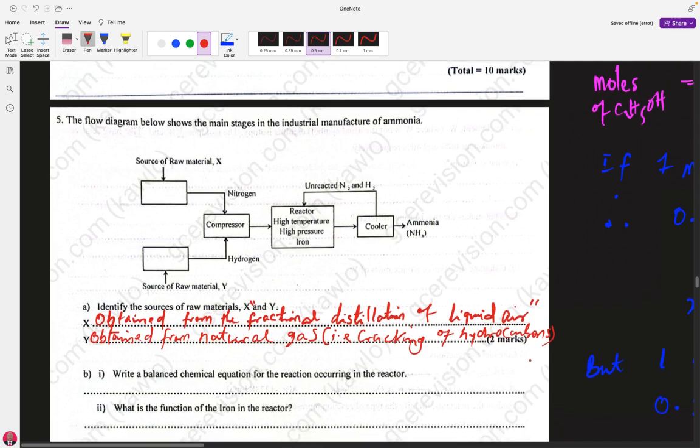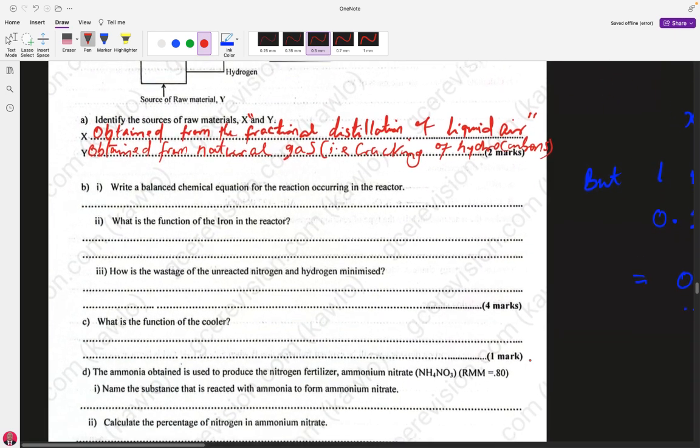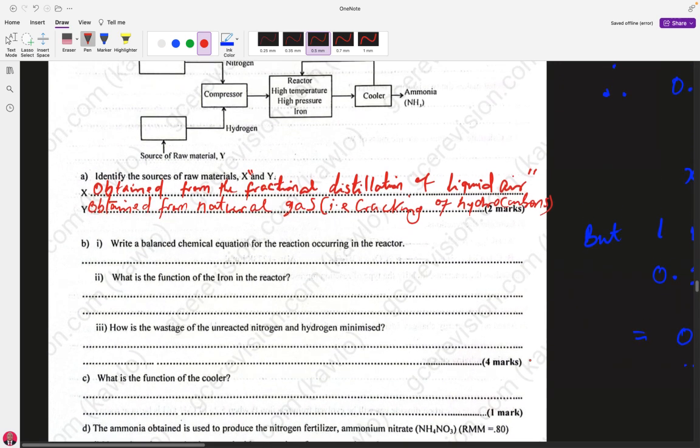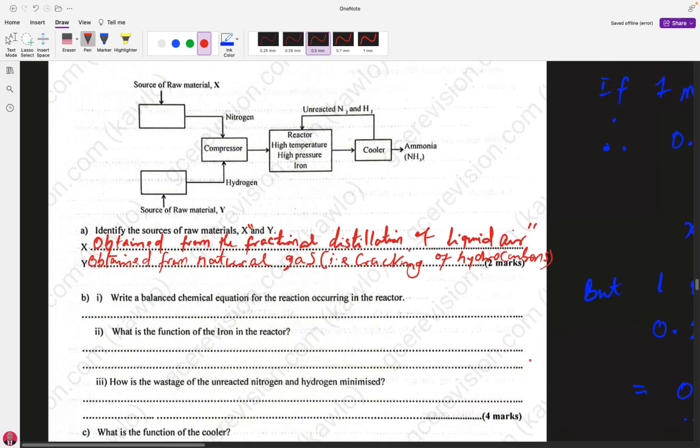Okay, let's go to B1. Write a balanced chemical equation for the reaction occurring in the reactor. But there is something I'll say before I go to that one, something I just need to add here for the purpose of revision. I said fractional distillation of air helps to separate the different components of air.